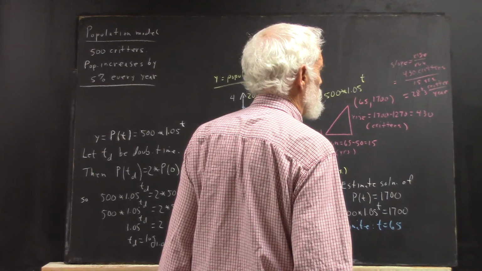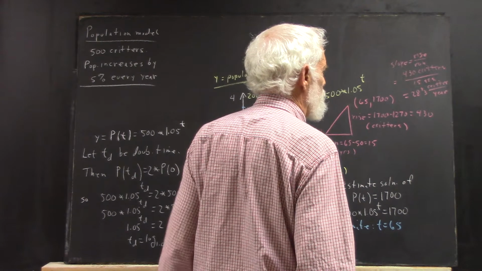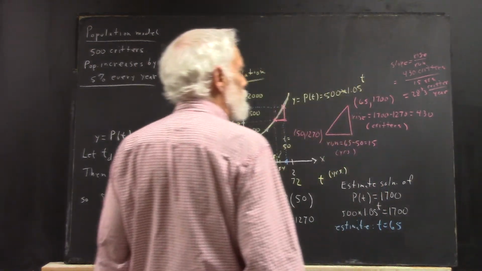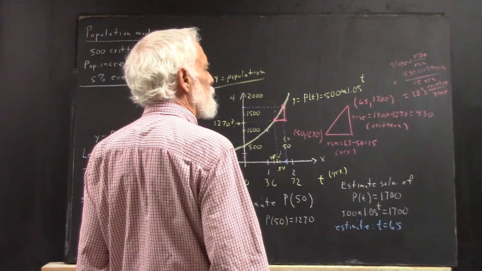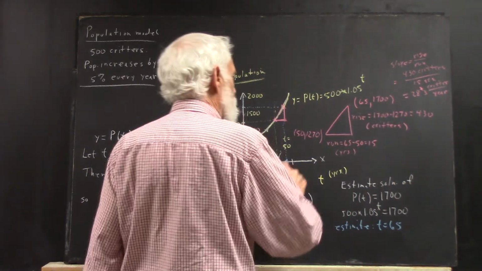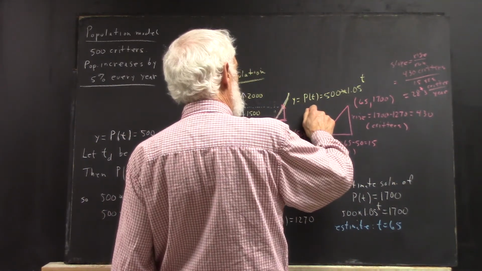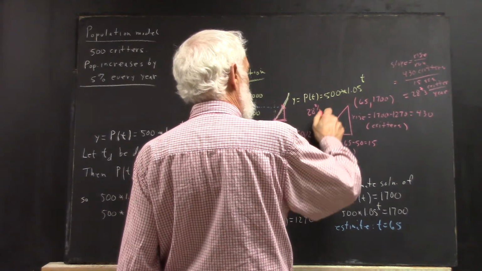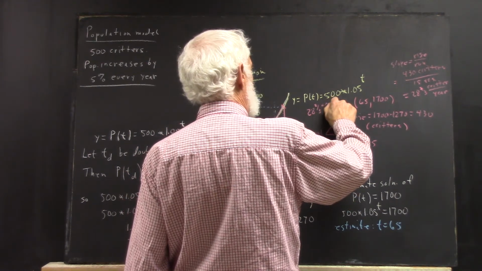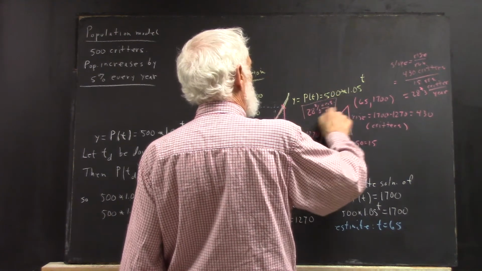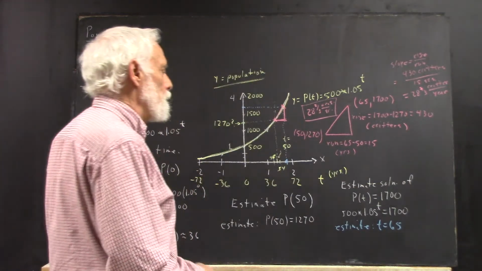Wait a minute. It's 430. Yeah, that's right. No, it's 2/3. Okay? So the slope is 28 2/3 critters per year.